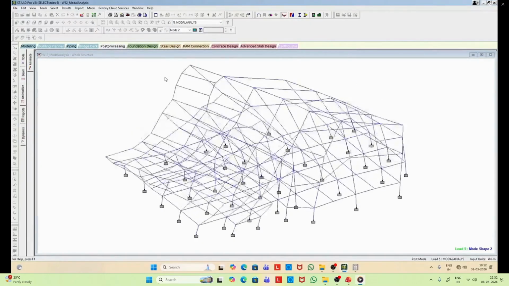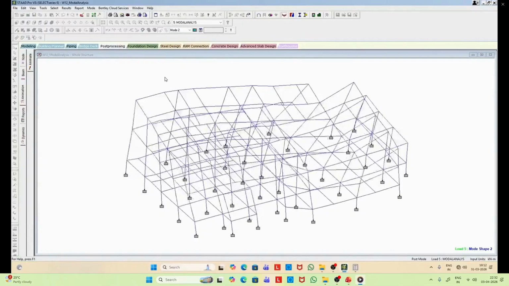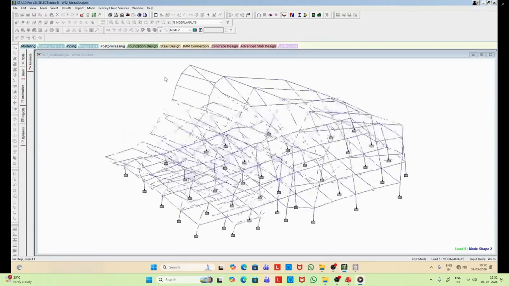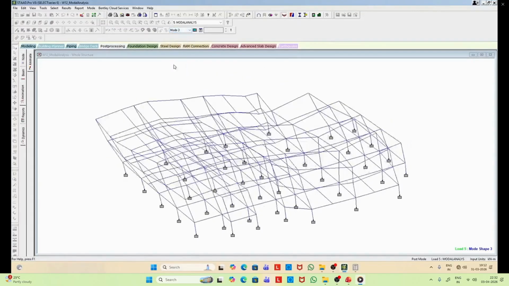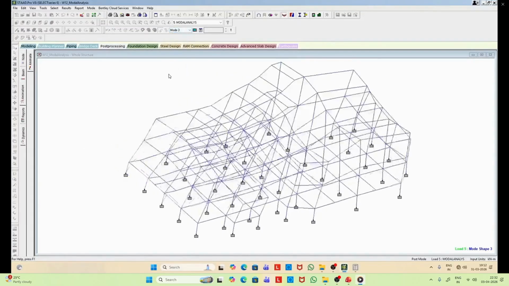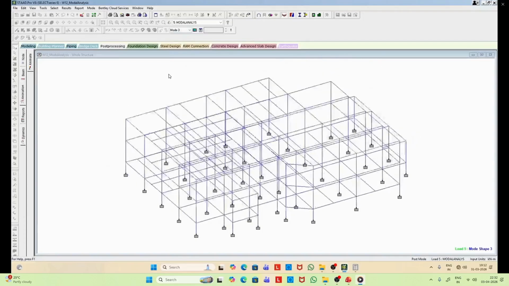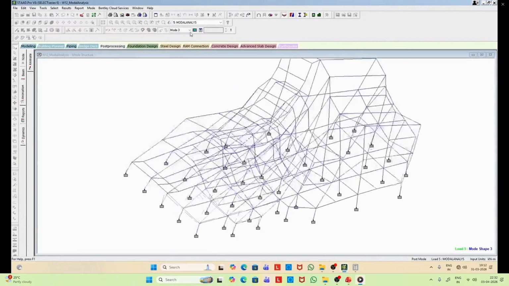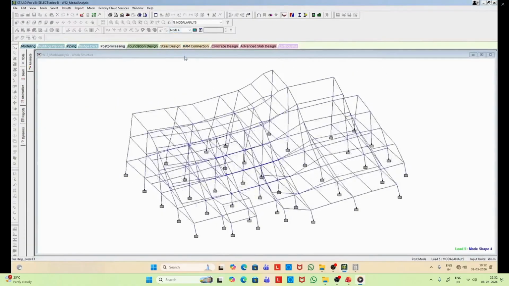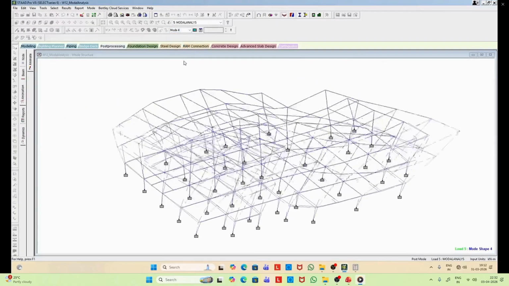In fact, in the design, this is very important to consider. So when you design, you have to actually design it against torsion. Again, the third mode is a lateral mode, as you can see. So you can change the number of frequencies, and accordingly it will also change the mode shape.